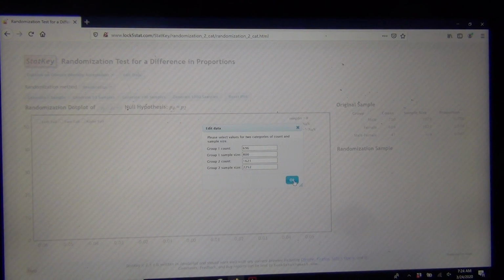There, okay. So there we just put in our data. These are sample counts, or number of successes, out of the total sample size. And we're going to push OK.